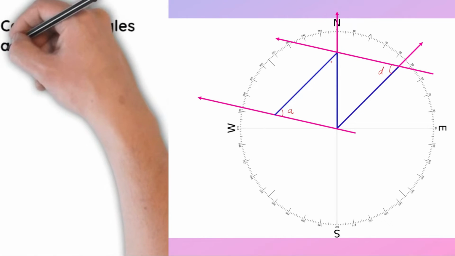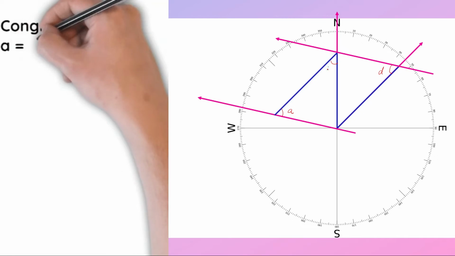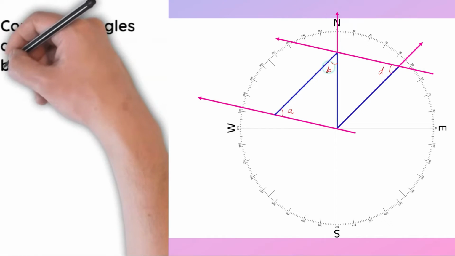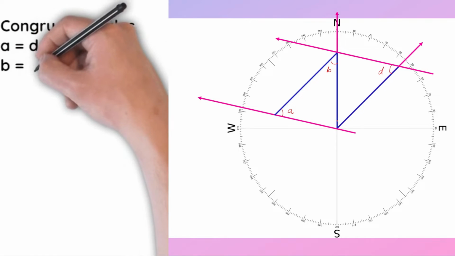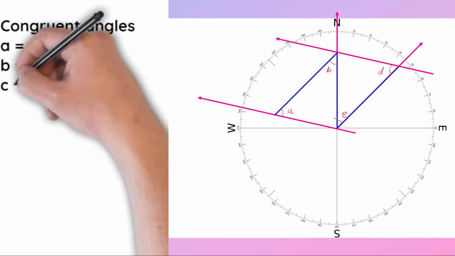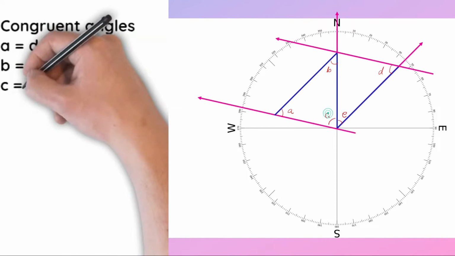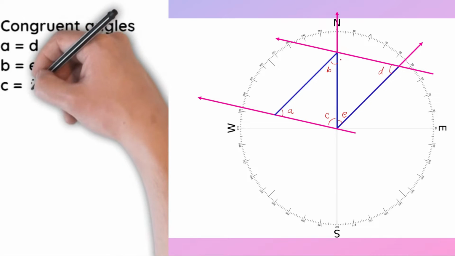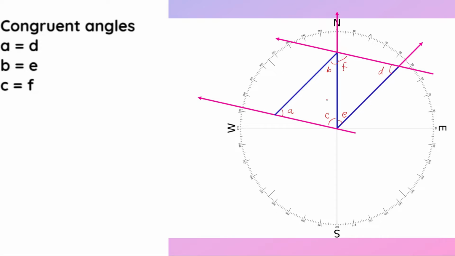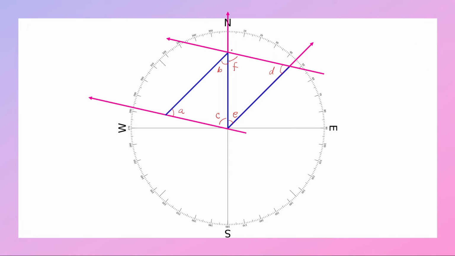Angle A is equal to angle D. Angle B is equal to angle E. Angle C is equal to angle F. Therefore, side C to A is equal to side D to F.